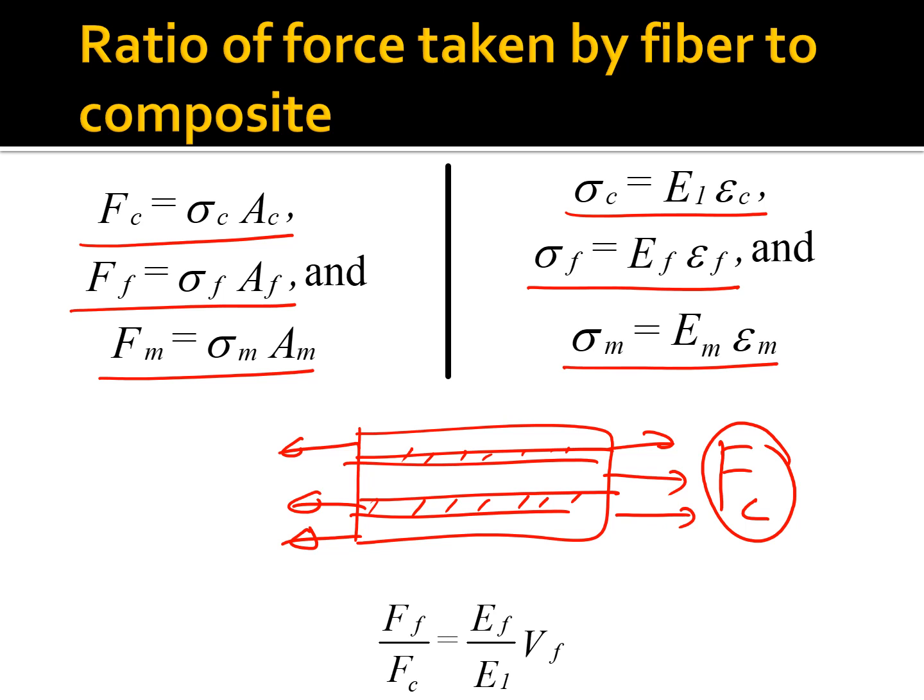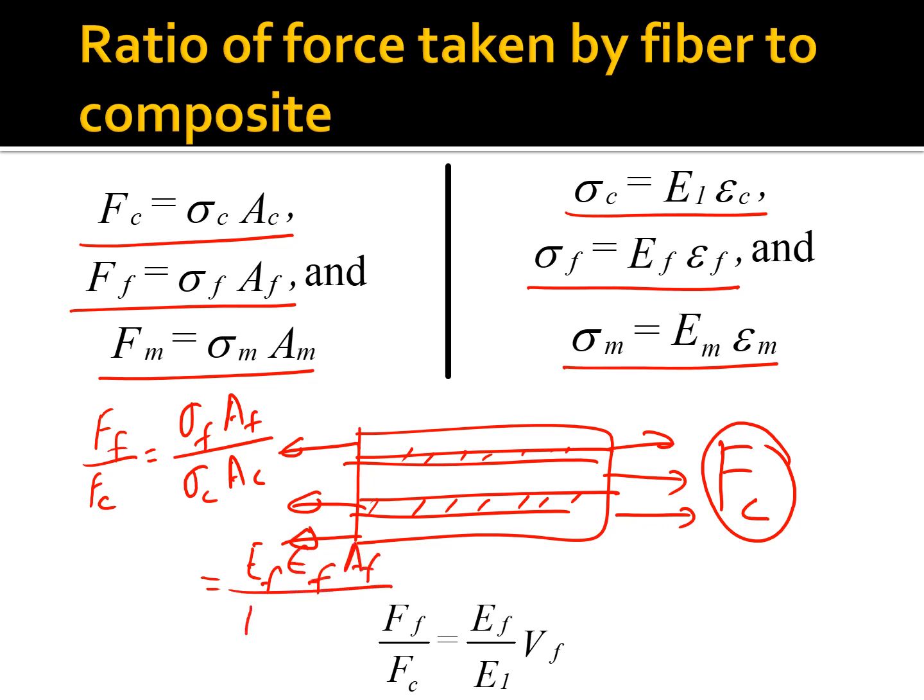Then if we want to find FF divided by FC, that'll be nothing but sigma F AF divided by sigma C AC, right? And then what is sigma F? It's EF epsilon F AF, and this will be E1 epsilon C AC.